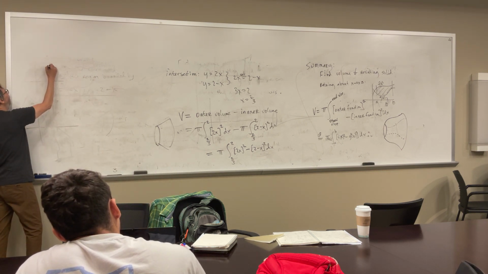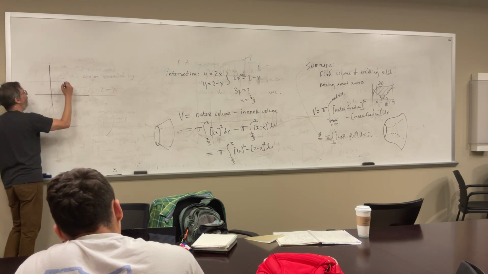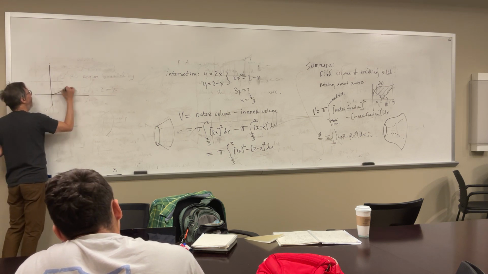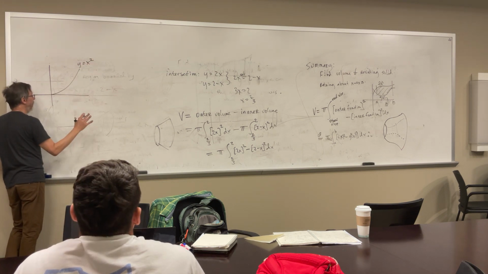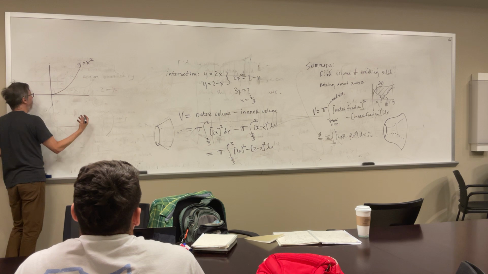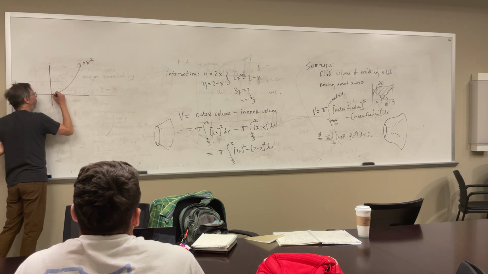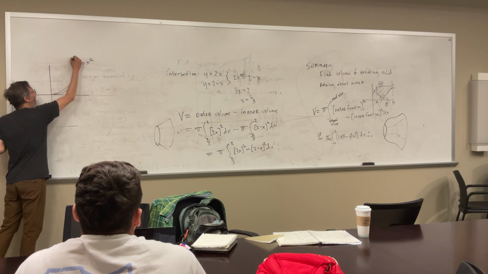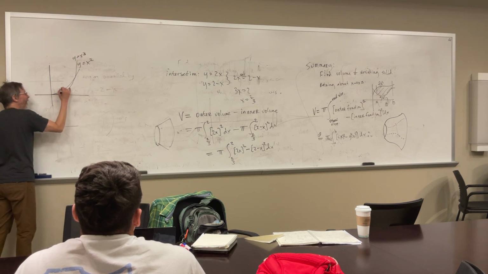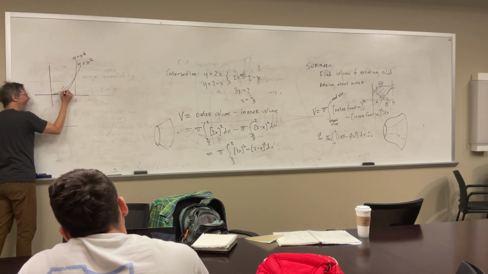All right, so let me give you a nice one. This is chill. Let's just take y equals x squared. Don't do the integral, just set up the volume integral. And we're going to remove y equals x cubed. So here, the squared is on top because this point is 1, and this point is cubed.